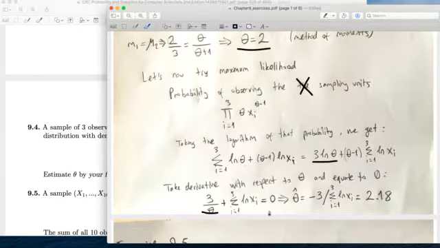So when we set this to 0, we get theta hat, the estimate when we use the maximum likelihood method. We can write theta hat with maximum likelihood as minus 3 divided by this thing. So we just solve this equation. It's very simple actually. We just take this to the other side.